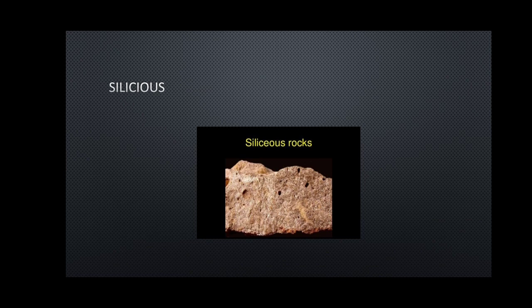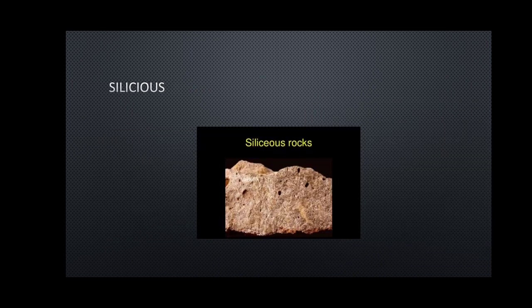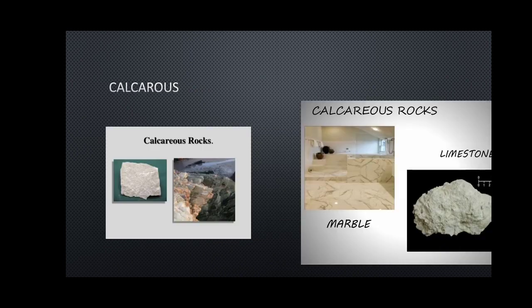So this was all about the chemical classification. These are calcareous rocks, calcium carbonate rocks. See, these were siliceous, and you can see in the picture calcareous rocks. Marble is there, limestone is there. You can see them in a very clear way.